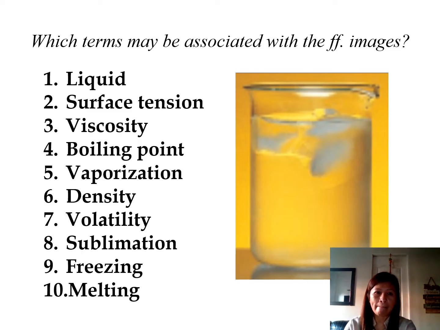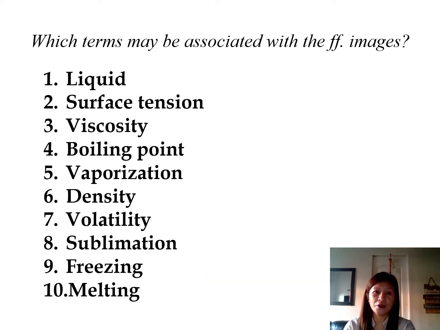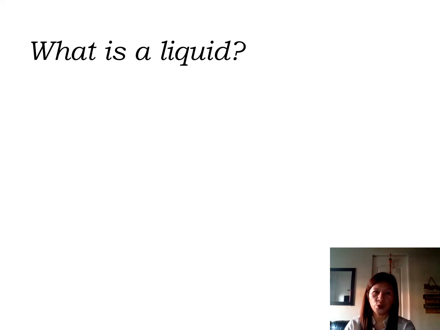We have melting, freezing, density, of course, volatility as well. We can also associate vaporization. We can associate here liquid, viscosity, boiling point, density, volatility also, melting, freezing also. So almost all the terms can be associated with each of the images that were shown.